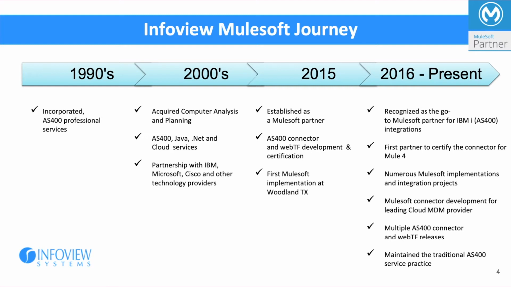Infoview established itself as a MuleSoft partner in the year 2015 with AS400 connector and WebTF development and certification. The first MuleSoft implementation was done in Woodland, Texas. Infoview has now established itself as a go-to MuleSoft partner for IBMi AS400 integrations, and was the first partner to certify the connector for Mule 4.